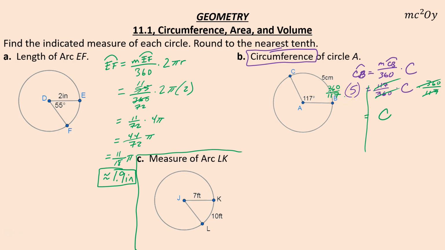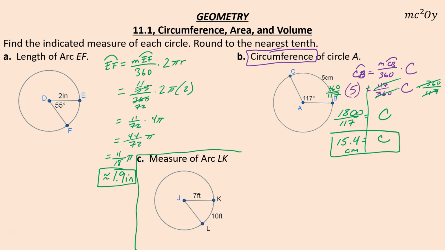Well, if we actually did the math there, 360 times 5 is 1,800. So it's 1,800 over 117. And when we do that, we actually get the circumference is equal to 15.4 centimeters.